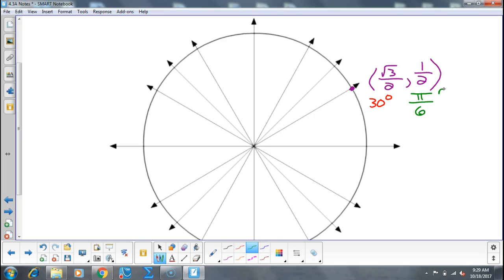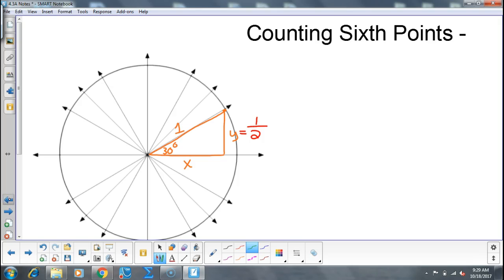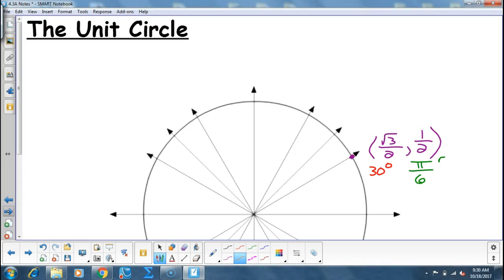Agree? Okay. Now, if I take this triangle and I flop it over to this side, the math is still the same, except I'm here now. What is the coordinates?